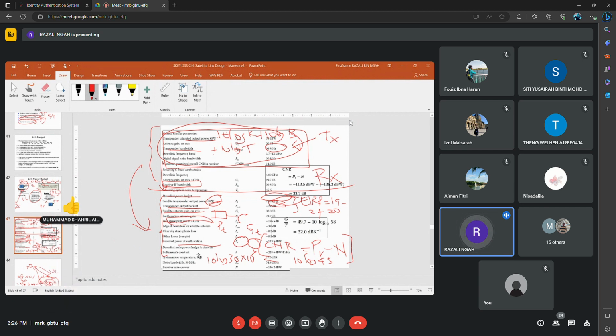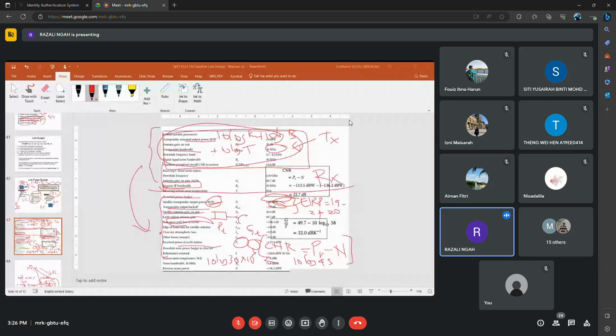The system noise temperature here is 58, receiving. Let me check.